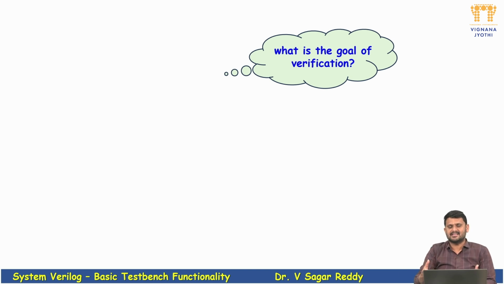When we design any digital circuit, for example an adder, counter, or processor, we first write RTL code using System Verilog or Verilog. But just because the design compiles doesn't mean it will work correctly in every case. That's why we do verification, to check the design's correctness and reliability before fabrication.